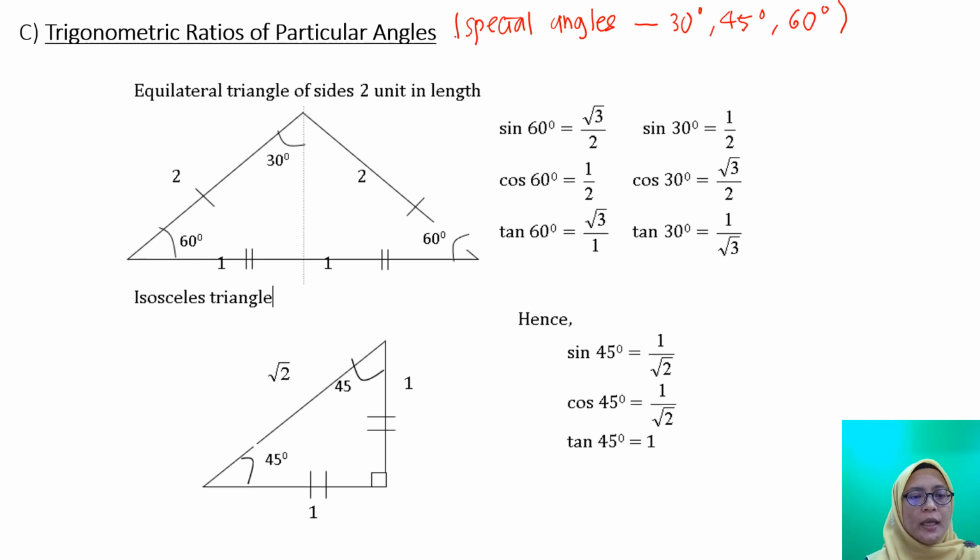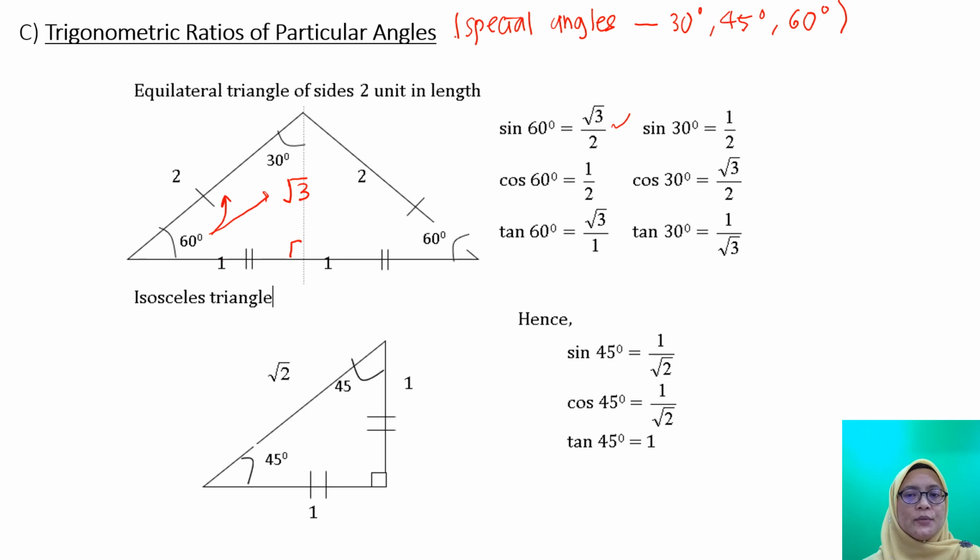So ini angle 60, 30. So sama juga sini is 90 degree. So you punya hypotenuse is 2, sini 1. So means that this side is root 3. So refer macam tadilah, sin 60, opposite over hypotenuse, opposite is root 3 over hypotenuse is 2.